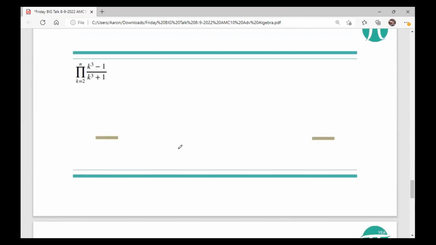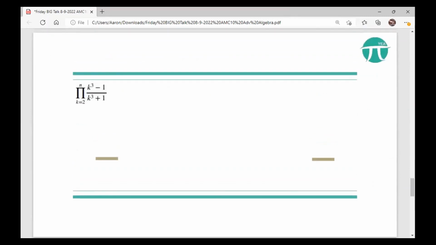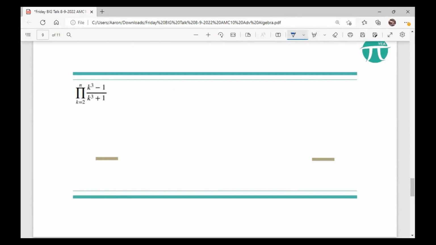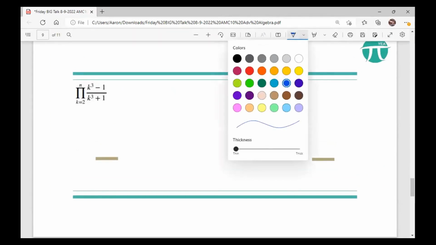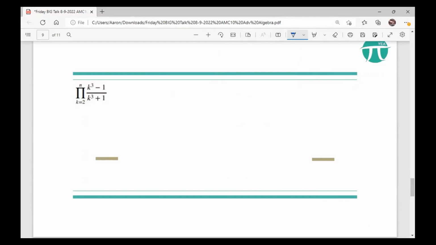And so yeah, I just wanted to show you an example of a product here. So this is equal to the product from k equals 2 to n of k minus 1 over k plus 1, times the product from k equals 2 to n of k squared plus k plus 1 over k squared minus k plus 1.